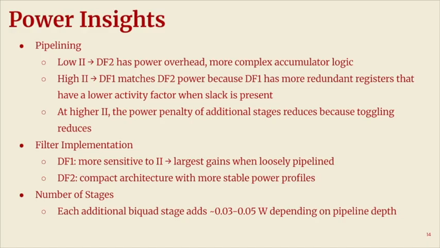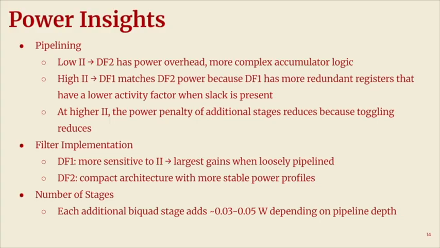Some more general insights about each of the three axes. In terms of pipelining, Direct Form 2 has a little bit more power overhead. And at a higher initiation interval, that power overhead is actually matched by Direct Form 1. And that's because of more registers that end up having a lower activity factor.